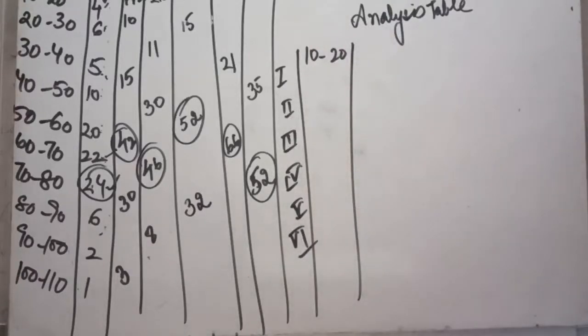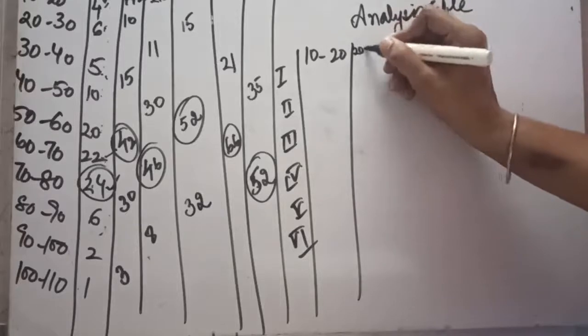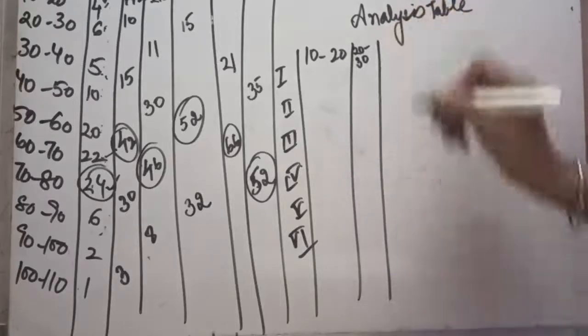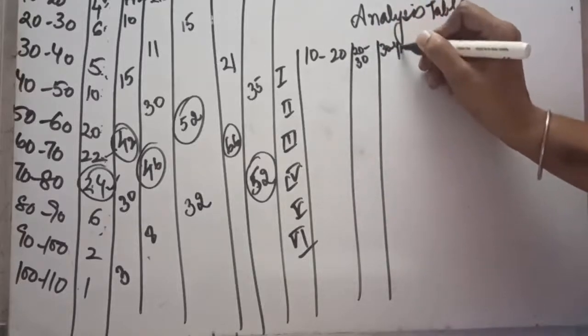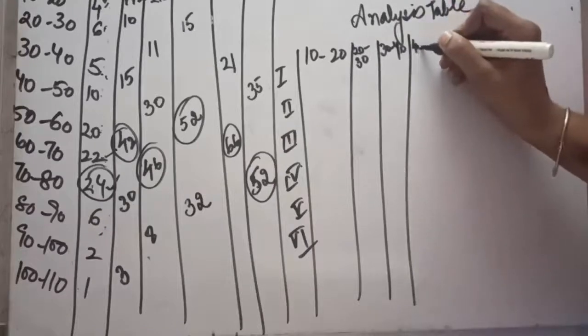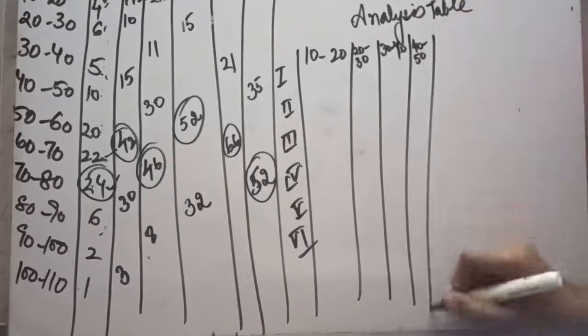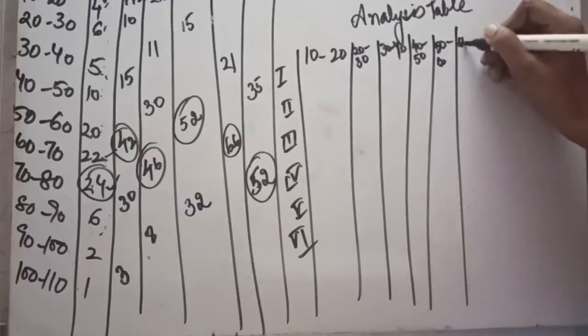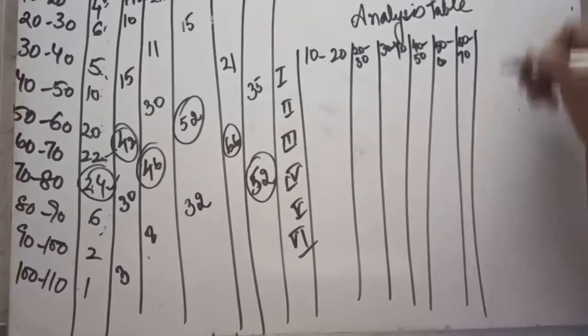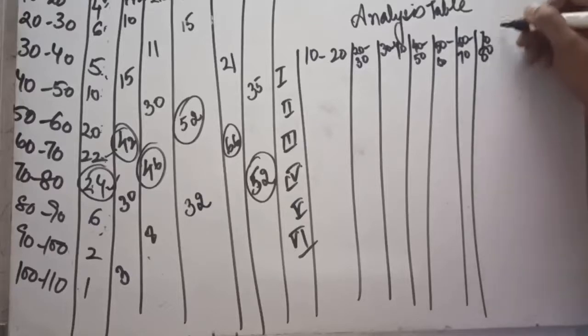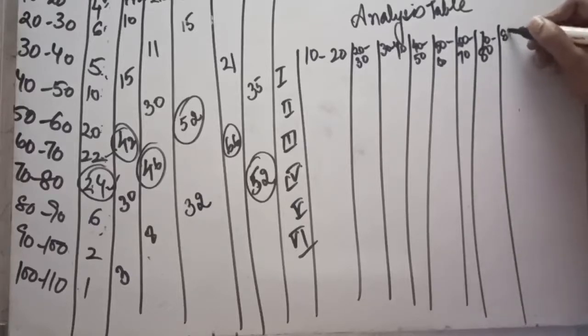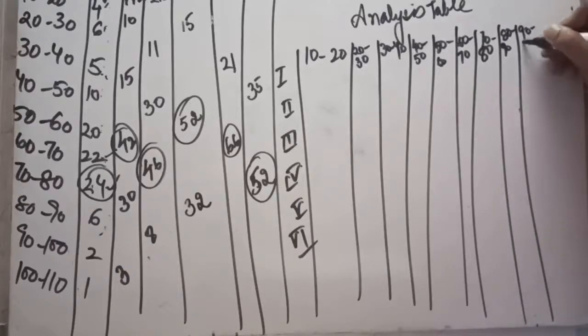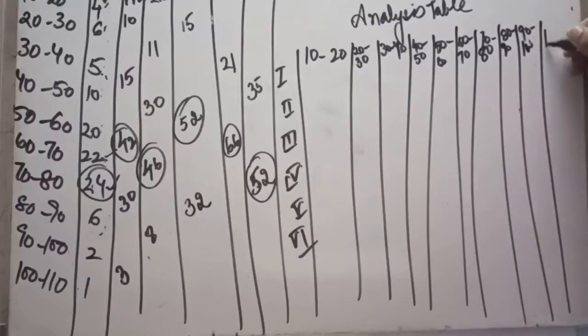So always we require 6 only. Here we will be writing our class intervals 20 to 30, 30 to 40, 40 to 50, 50 to 60, 60 to 70, 70 to 80, 80 to 90, 90 to 100 and 100 to 110.